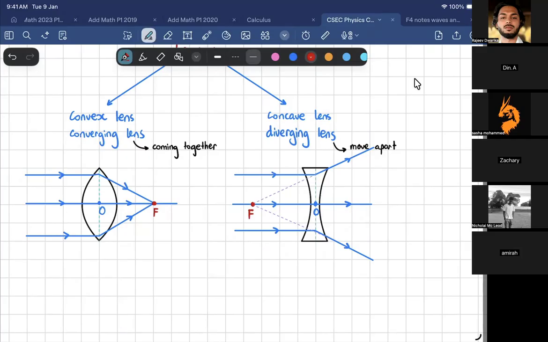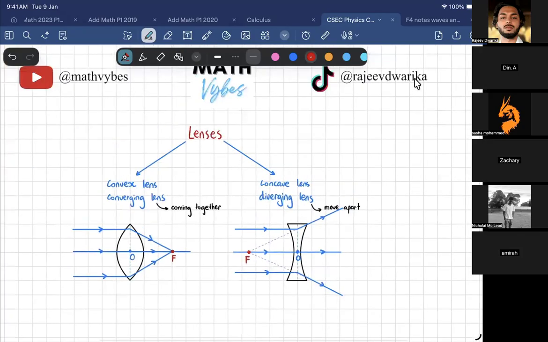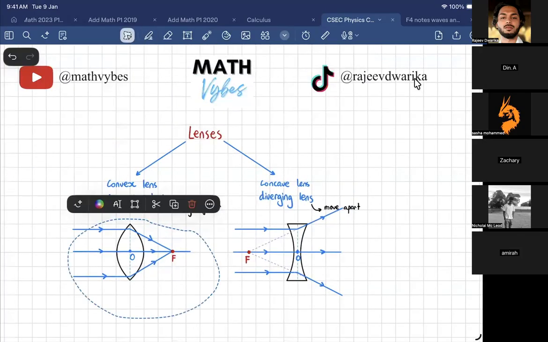I know it's a bit weird to understand, right? So for a convergent lens, the focal point is after the lens. And for a divergent lens, the focal point is behind the lens. Do you all understand the general gist of these two lenses?